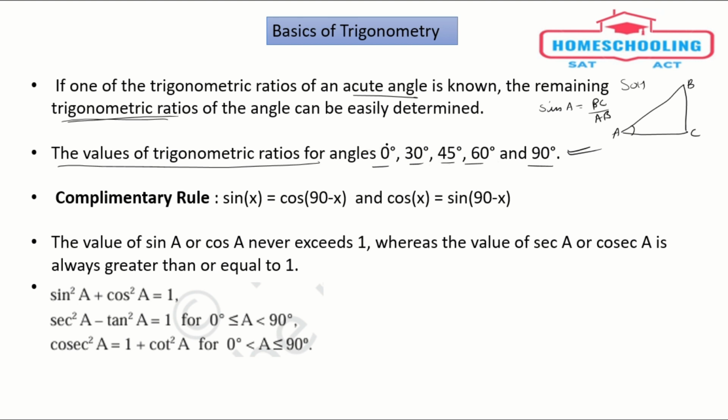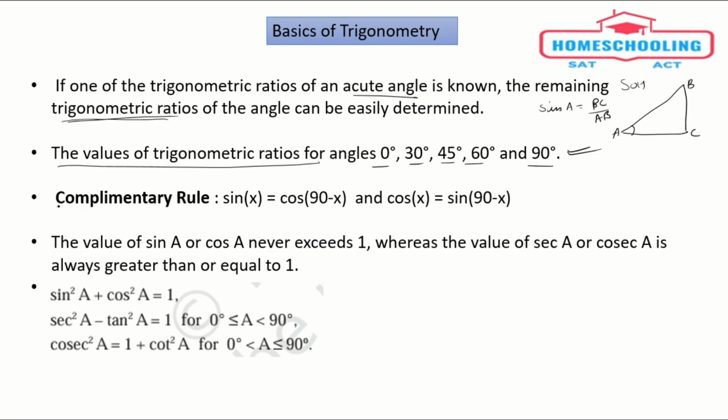So in the non-calculator section, you had to remember sine, cos, tan of 0 degree, 30 degree, 45, 60, and 90 degree. But now a calculator is provided for all the questions, so now we don't need to remember this. We will take these ratios in the next slide.